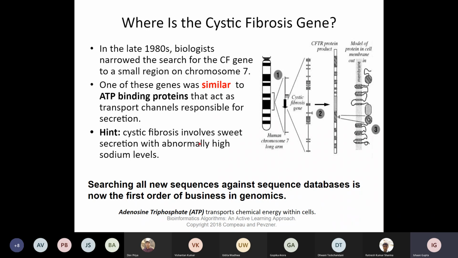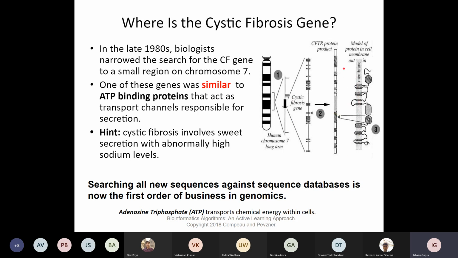This was one hint the researchers had: people with cystic fibrosis had abnormally high levels of sodium in their sweat, so their sweat was very, very salty. By putting all these things together, they were able to search the database of known genes for sequences known to have ATP binding function and these kinds of transmembrane protein domains.